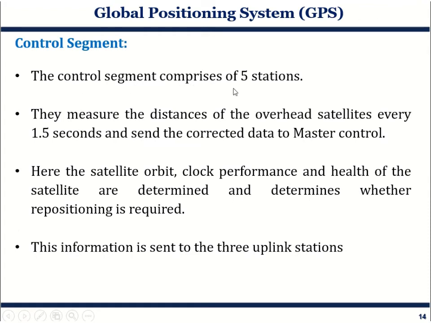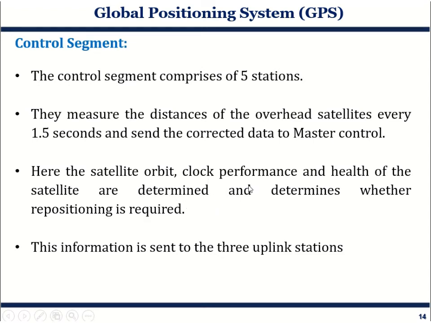The control segment comprises five stations as we discussed in the last slide. They measure the distance of the overall satellite every 1.5 seconds. This measurement is done in order to send the corrected data to the master control so that they can verify whether the satellite position is correct or not. Hence the satellite orbit, the clock performance and the health of the satellite are determined.